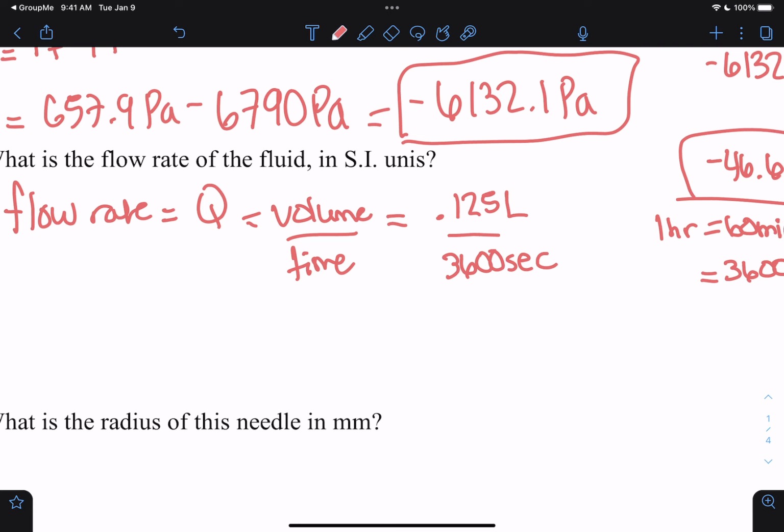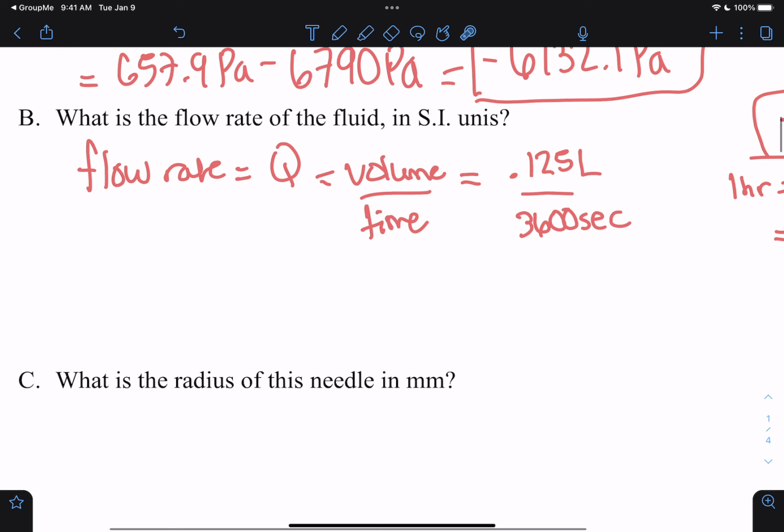Now, for the flow rate, our SI unit should be in meters cubed per second. So we have to convert the liters to meters cubed. Once you do this 0.125 divided by 3,600, you should get something around 3.5 times 10 to the negative 5 liters per second.